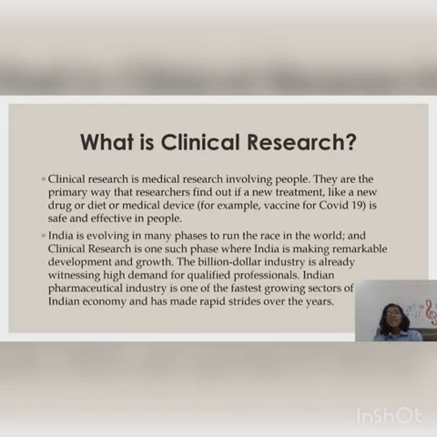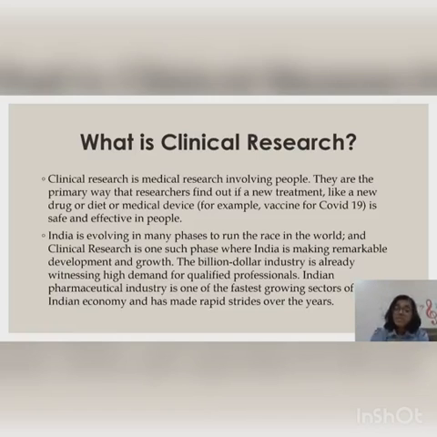India is evolving in many phases to run the race in the world, and clinical research is one such phase where India is making remarkable development and growth. India has been involved in clinical research for many years and now is on its way to becoming a major focus for it. The billion-dollar industry is already witnessing high demand for qualified professionals.